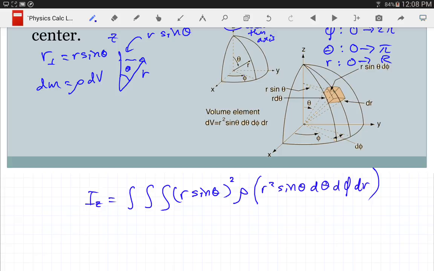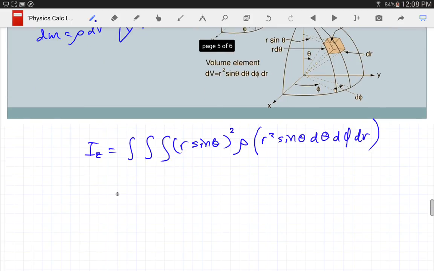So now with this long integral, it's completely separable. You might remember I wrote out, I don't remember if it was an integral for this or something else, but doing it in Cartesian coordinates and it was non-separable. You had to have limits that were based on another variable. Well, this is completely separable. I can break it up into my integral and I'll put d theta here. I have a sine squared theta and another sine theta, so sine cubed theta.